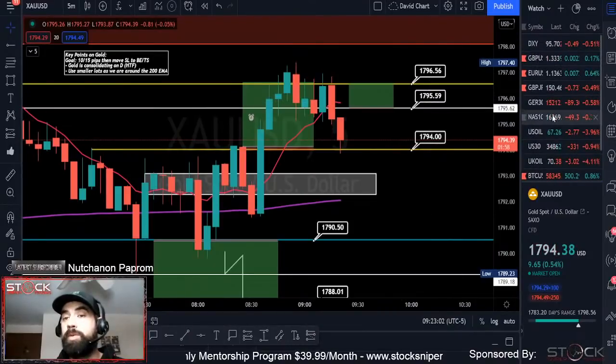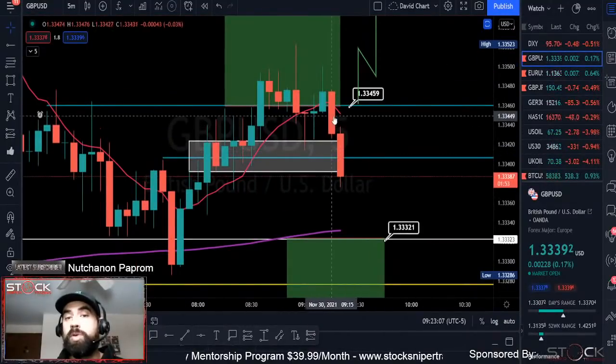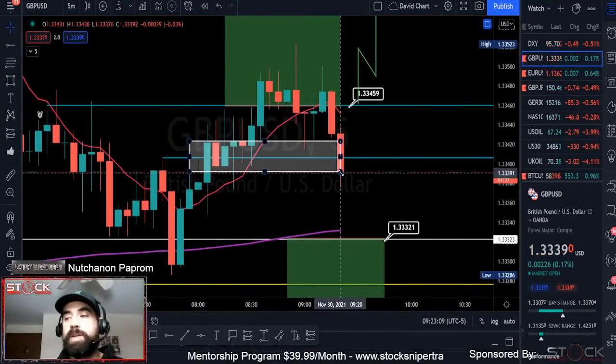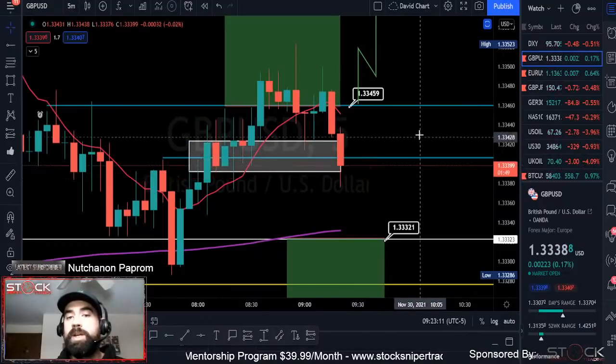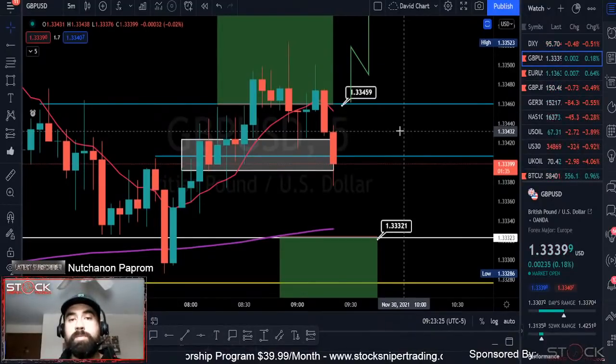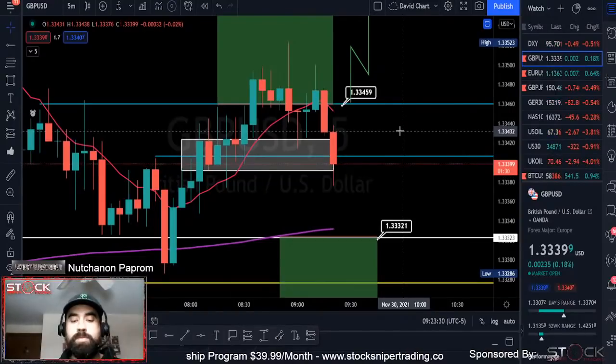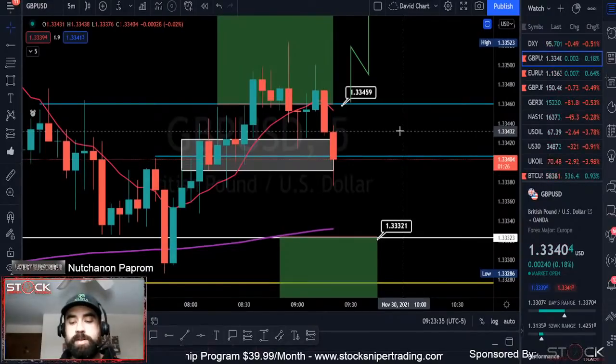Okay, guys, so 923 we have coming up here. GBP USD broke, guys. It hit my stop loss right down there. All right, so remember we talked about a double top forming. Okay, 1 second, guys.